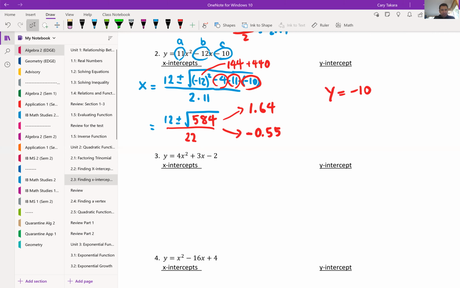Number 3 is a relatively small number. You can get that correctly.